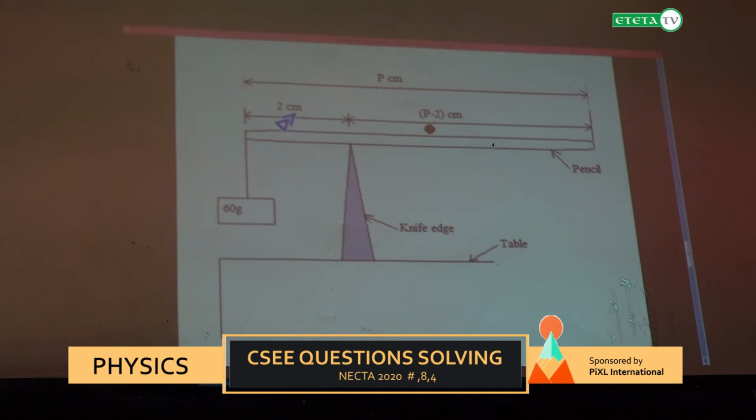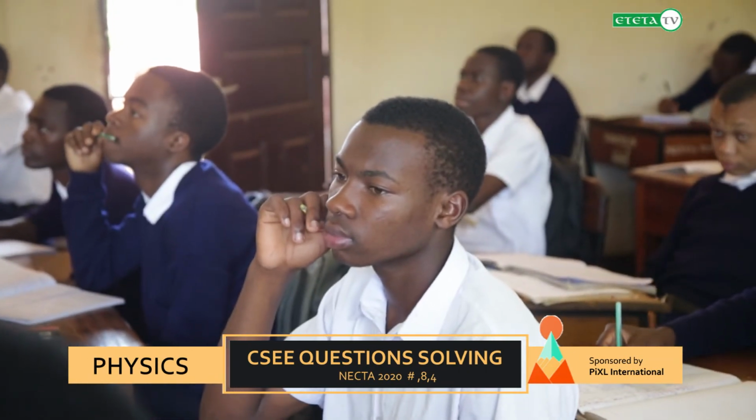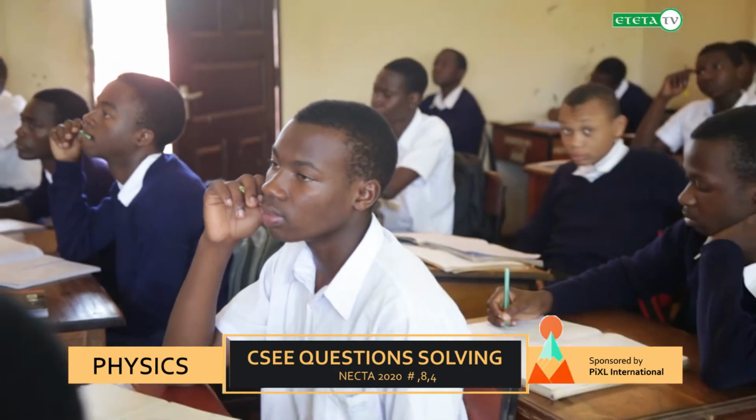But the question said that there is a weight which is 60 gram hanging at end A. Now this is the knife edge, but we have already been given that the weight of this pencil is 40 gram, from the question.